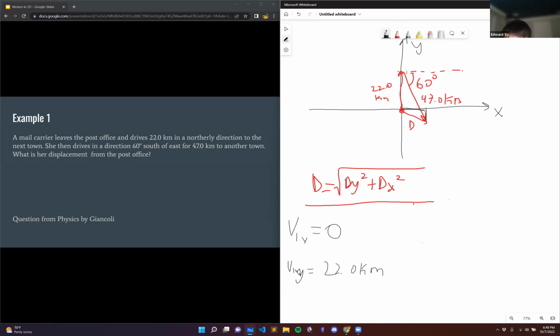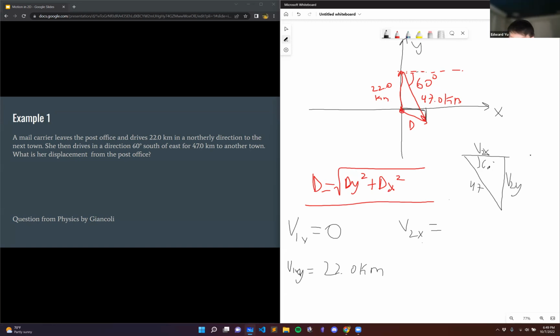And for our second vector, it's different because this one has x and y components. If we draw this out, this is 60 degrees and this is 47 kilometers. So this is our Vx and Vy.